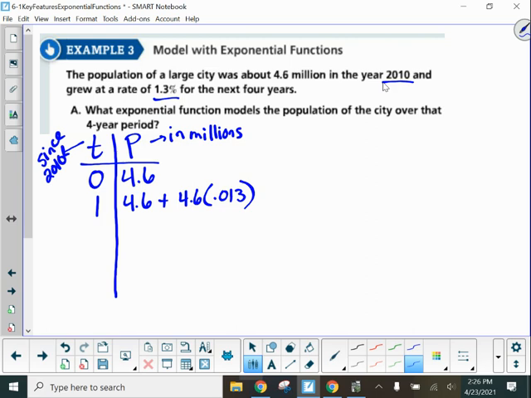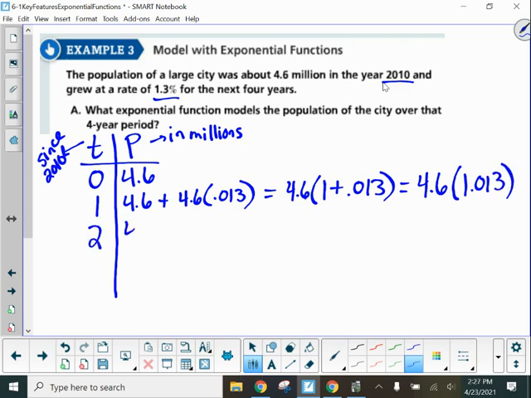Both of these terms have a 4.6 in them, so I can factor that 4.6 out, and I'm left with 1 plus 0.013. I can add those together, so that's 4.6 times 1.013.